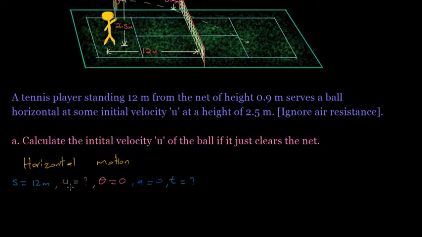So we have u and t being our unknowns. In other words, in order for us to consider the horizontal motion, we need to know the time as well as the initial velocity.